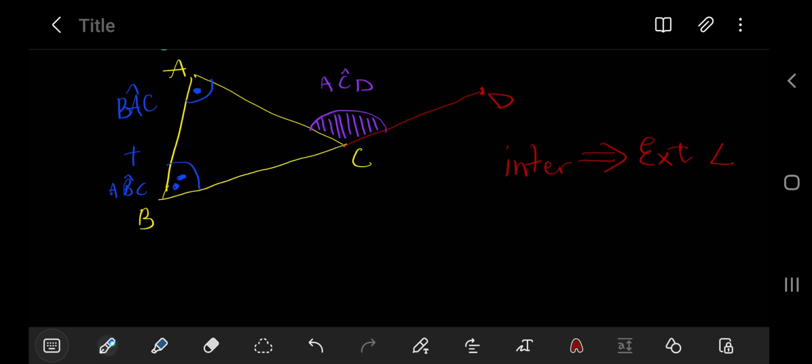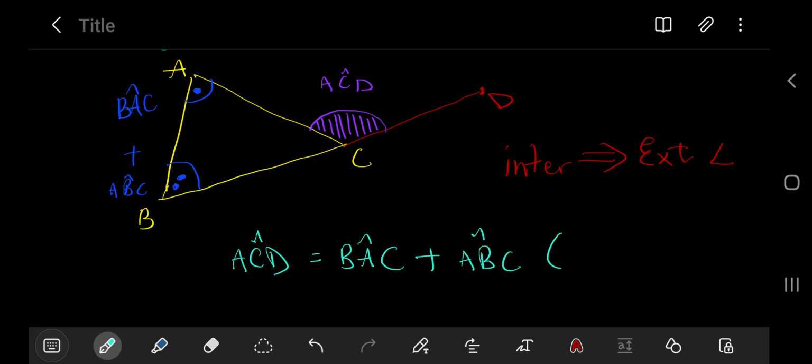So our conclusion in this, we can say angle ACD, which is this angle, is equal to angle BAC, which is that angle up there, plus angle ABC, which is that angle down there. And the reason for this is that we have an exterior angle of a triangle, right? And this is equal to the sum of the two opposite interior angles.